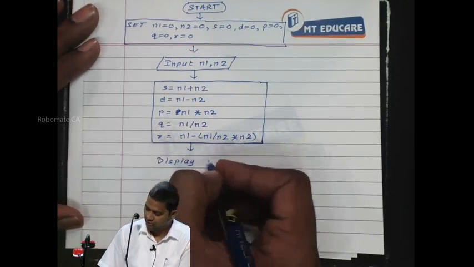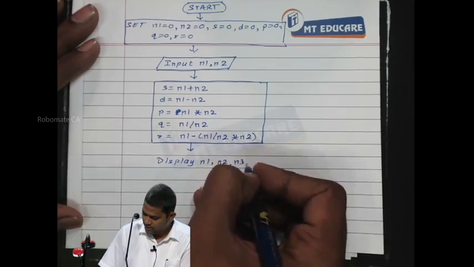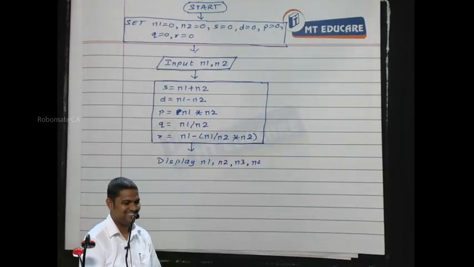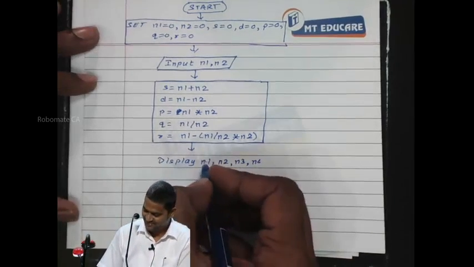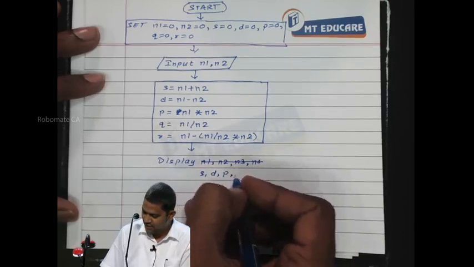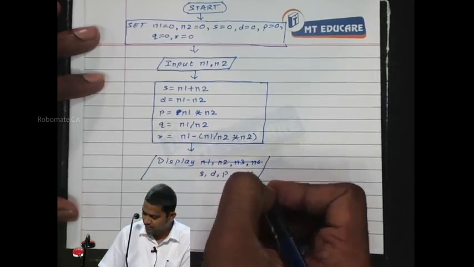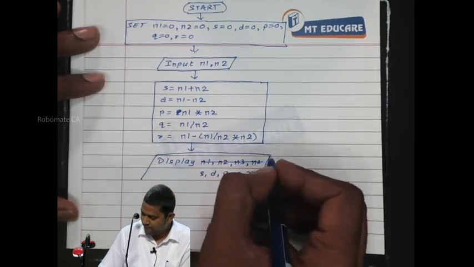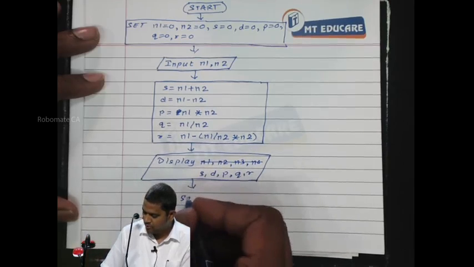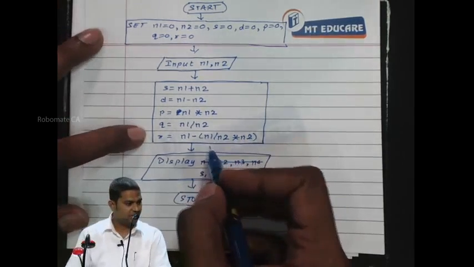A display will be having N1, N2, and we'll be having S, D, P, Q, R, and this should be inside an output box, and then stop. Wait, I have to just explain you this.